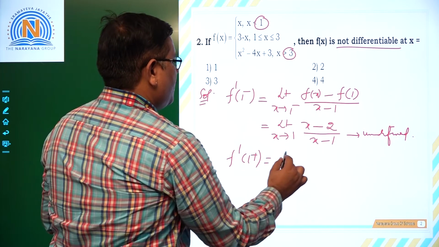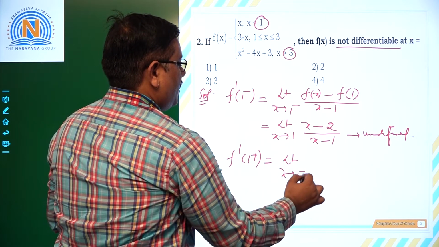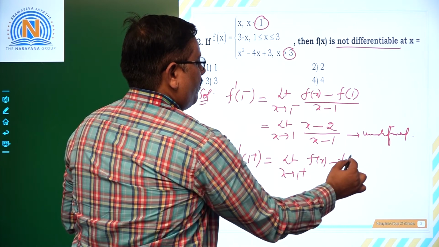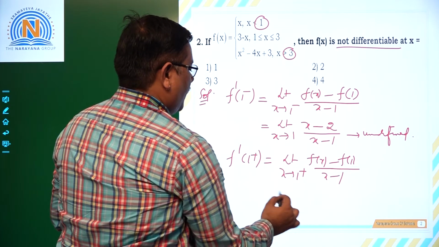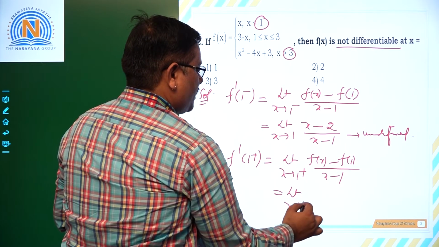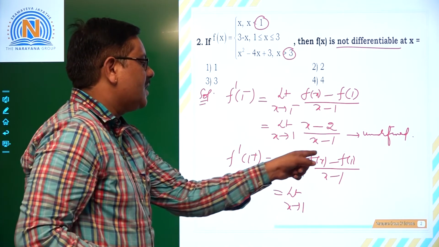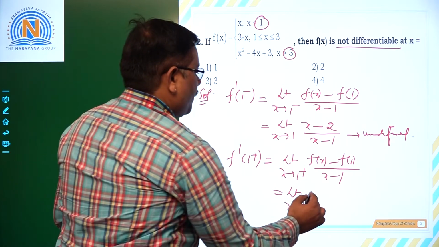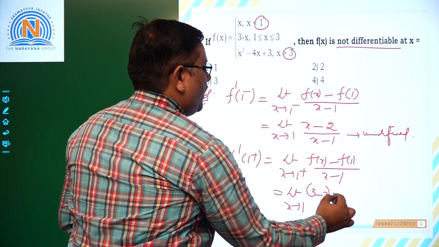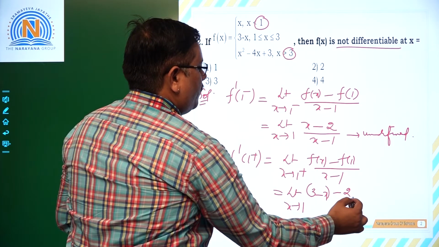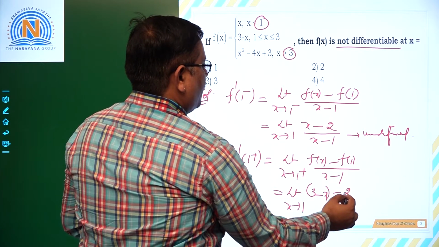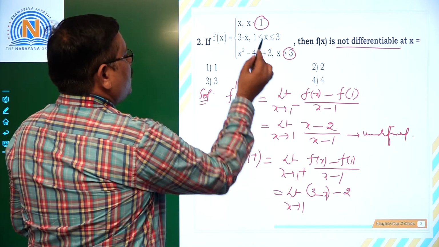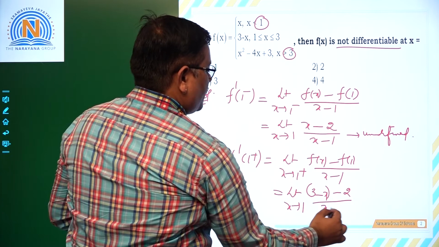Next, f dash of 1 plus means limit x tends to 1 plus of f(x) minus f(1) by x minus 1. For 1 plus, I choose the function 3 minus x. So that is 3 minus x minus f(1), which is 2 again, by x minus 1.